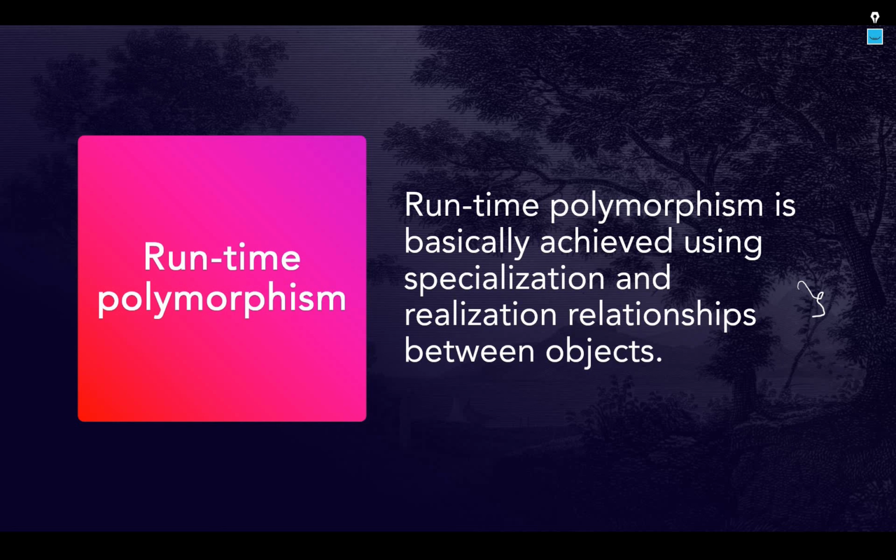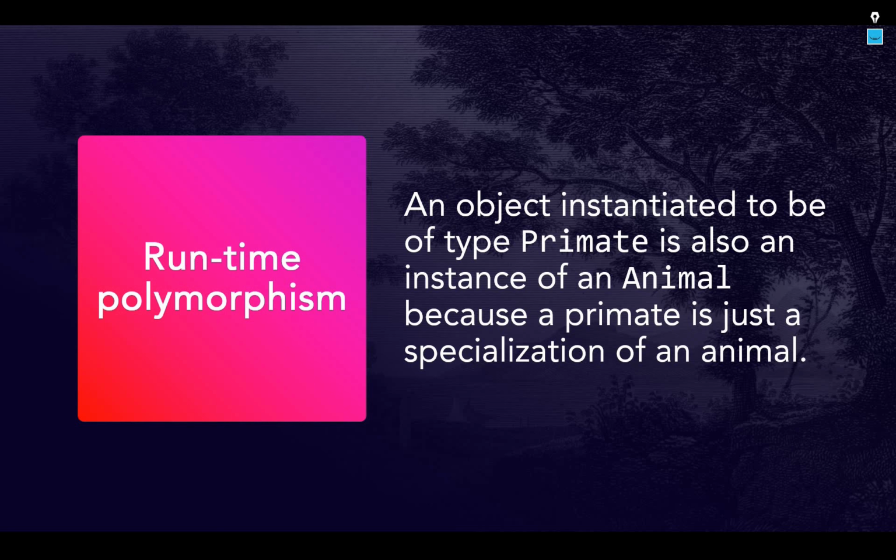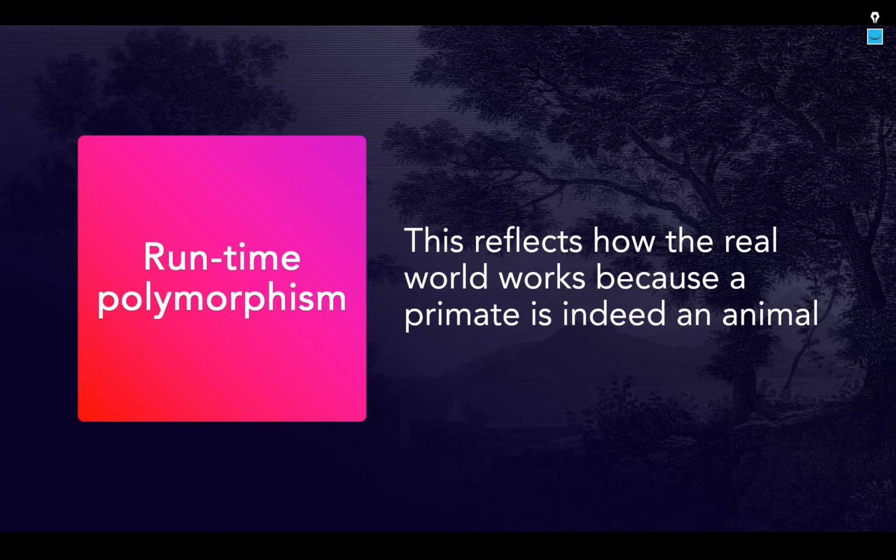So for example, let me just refer to the previous example that I used. An object instantiated to be of type primate is also an instance of an animal, because a primate is just another specialization of an animal. We will discuss this using the examples that I used in class relationships: realization and specialization relationships like book, borrowable item, primate, and animal, for example.